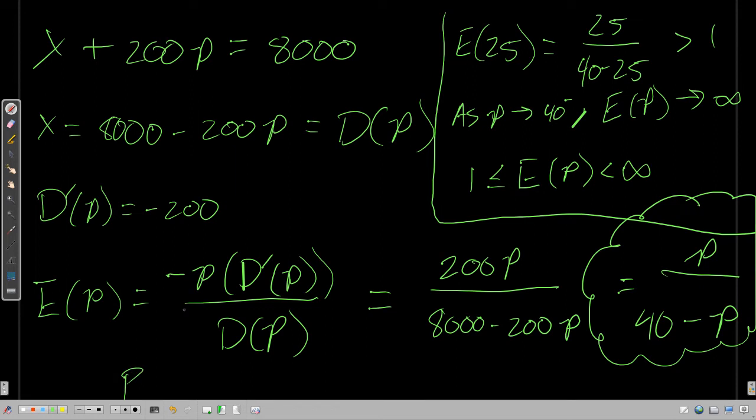So P needs to equal 40 minus P. If I add P to both sides, and then divide by 2, you can see that P would be 20.